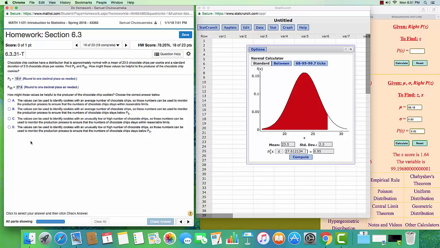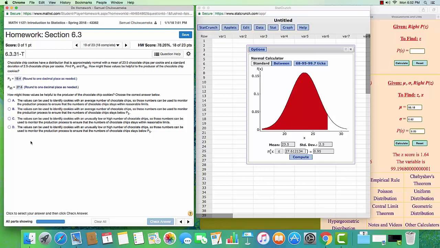These values have nothing to do with average, no. The percentiles have nothing to do with average or mean. So A is out. B, the values can be used to identify cookies with an average number of chocolate chips. B is out. C, the values can be used to identify cookies with an unusually low or high number of chocolate chips.